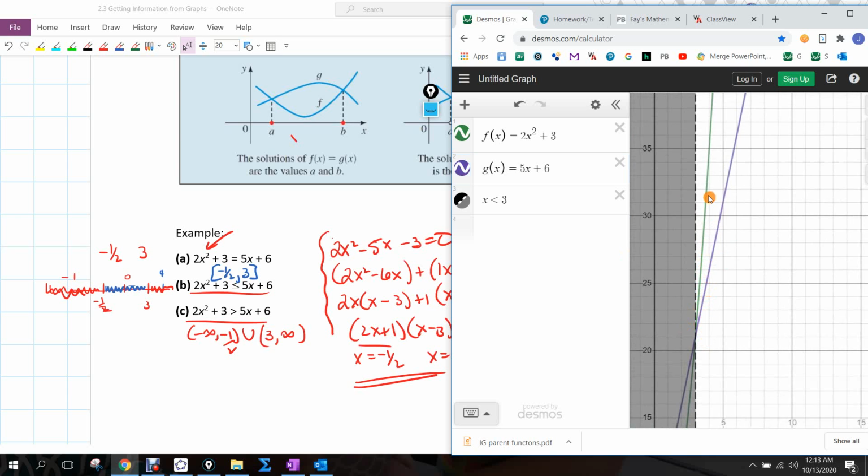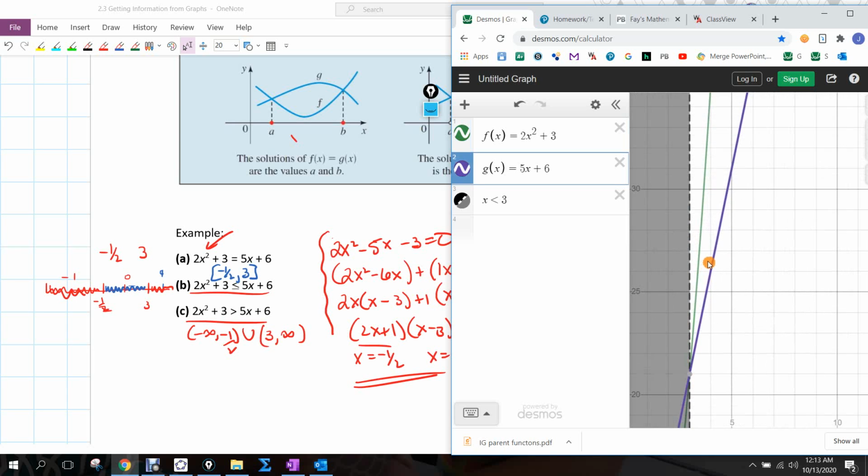Would you agree that the green is above the purple? I know it's kind of hard to see, but this gray line right here represents an x value of 4. An x value of 4 on the purple is going to give me a height of 26, but an x value of 4 on the green is going to give me a height of what looks like 35 here.